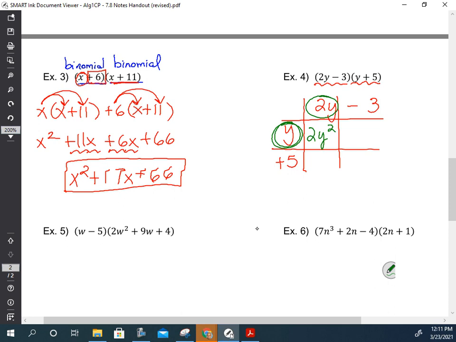Then we do y times negative 3. Negative 3y. 5 times 2y. Let's see. 10y. So plus 10y. And then 5 times negative 3. Negative 15.